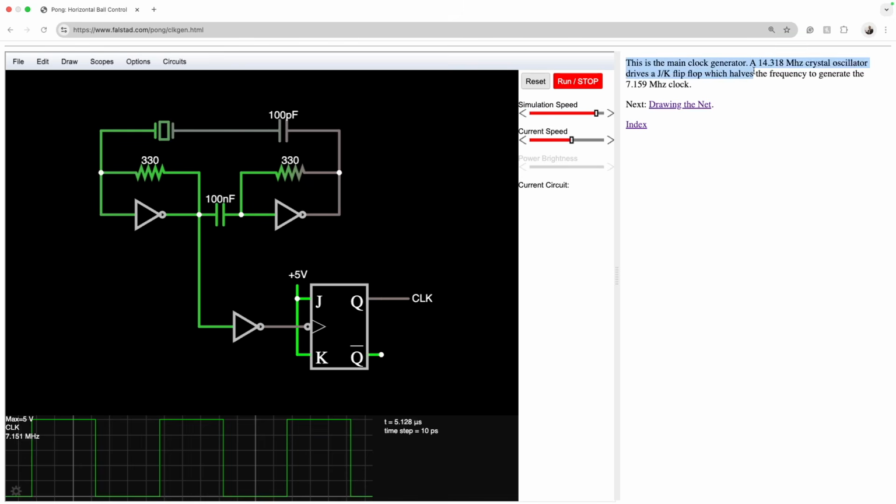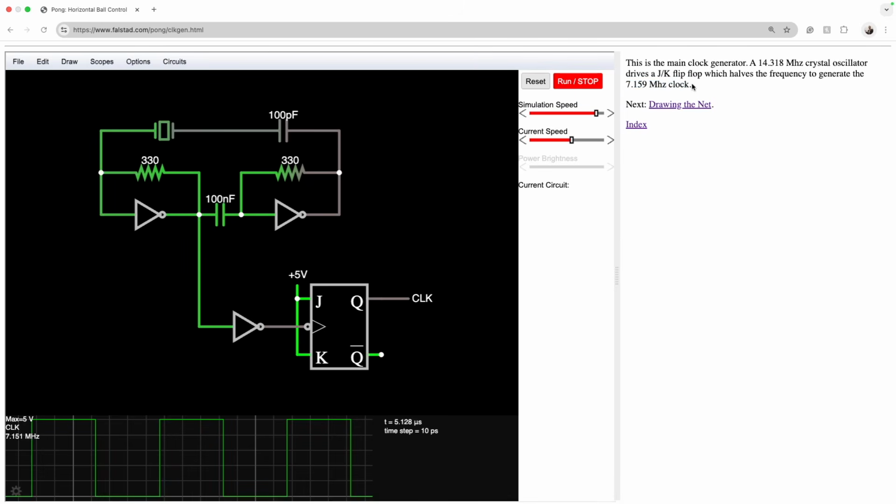Here the description says that this is the main clock generator of the arcade machine of Pong. It is a 14.318 megahertz crystal oscillator, which is this one right here. And this oscillator drives a JK flip-flop, which halves the frequency of that crystal to generate the actual 7.159 megahertz clock that is required for the game.